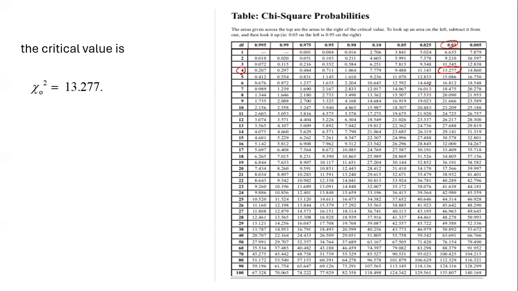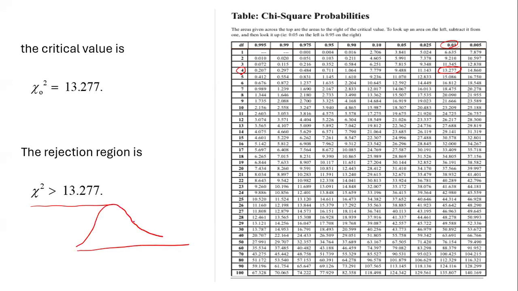It means any number that's greater than 13.277 is in the rejection region. Remember that after finding the critical value, you always say the rejection region is greater than that number.